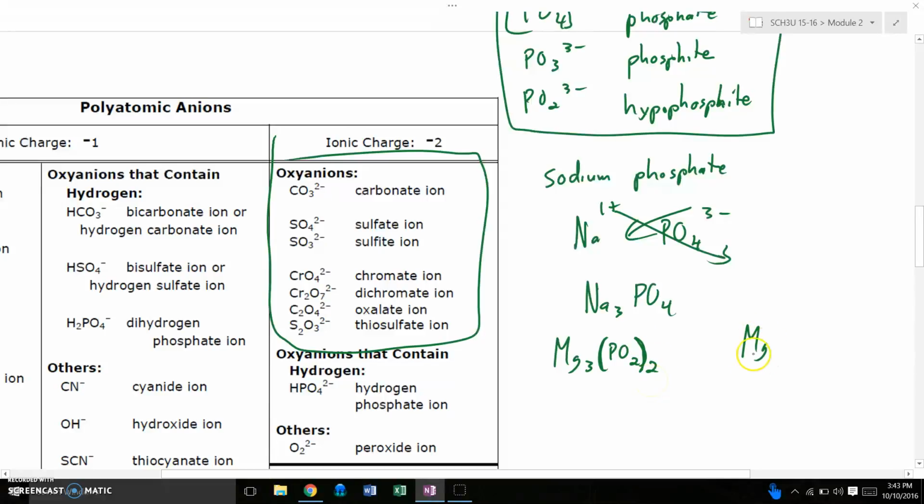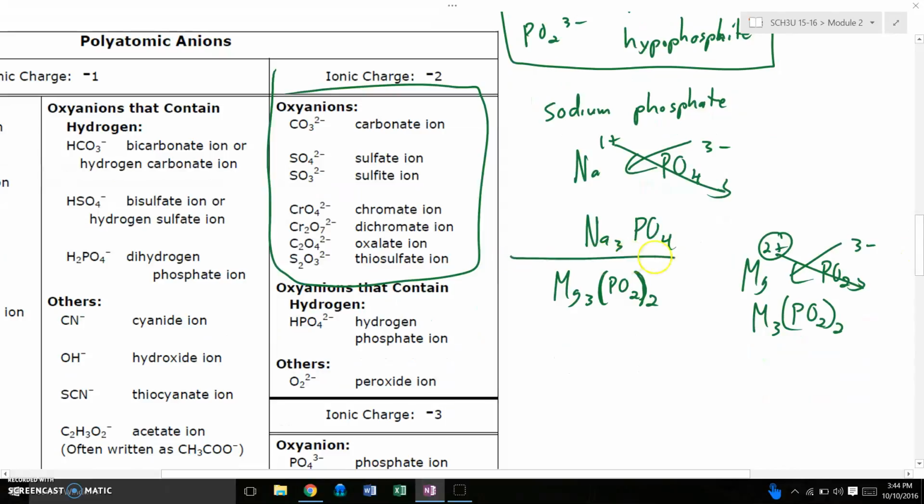So if you look at magnesium, it's 2+, phosphite is that 3-, the 2 comes down, the 3 comes down, Mg3(PO2)2, and again, the 2 goes outside the brackets, indicating that I have 2 total hypophosphite anions. And so again, naming this is the same. I take my first metal that's listed, becomes magnesium, and now I just determine which one of those it is.